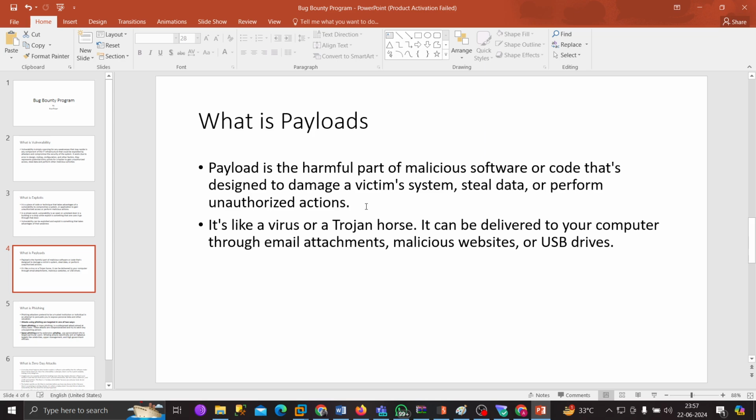Or you can say it is kind of like viruses or trojans, right? Trojans is a word you might have heard about, that can be delivered to your system. It could be through email attachments, like you might have heard about phishing and other social engineering attacks. It could also come through malicious websites, like if you download movies for free, malicious code can be downloaded along with that movie as well, right?